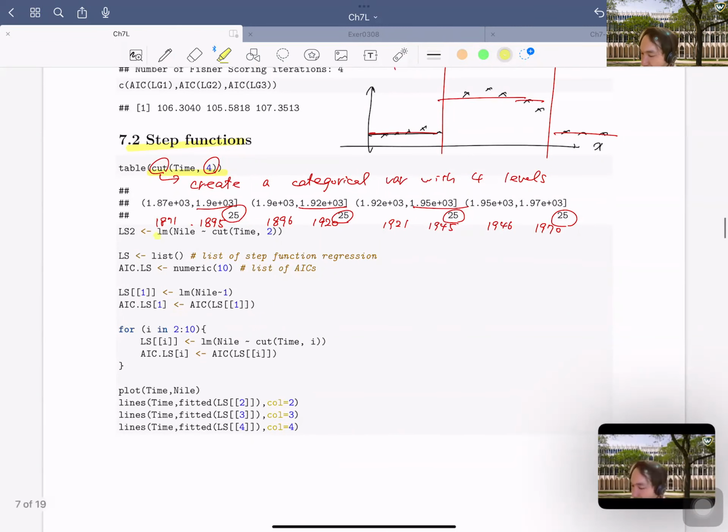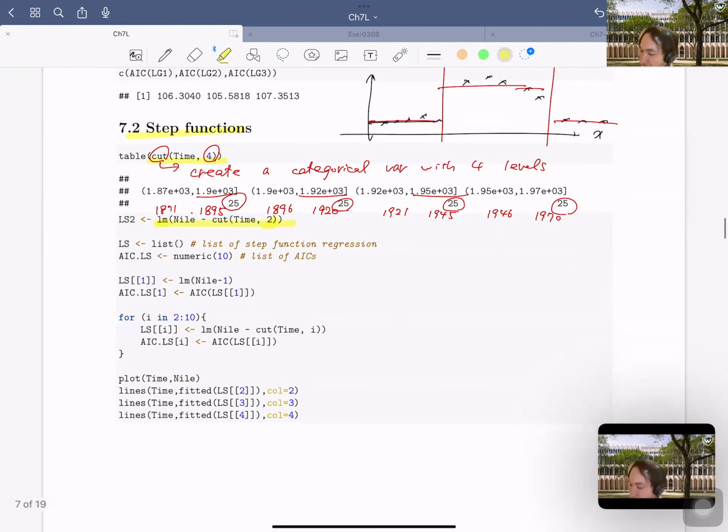The format is here: lm of Y on cut of time, 2. So here 2 actually, so we only have 2 periods. This automatically determines the knot points.